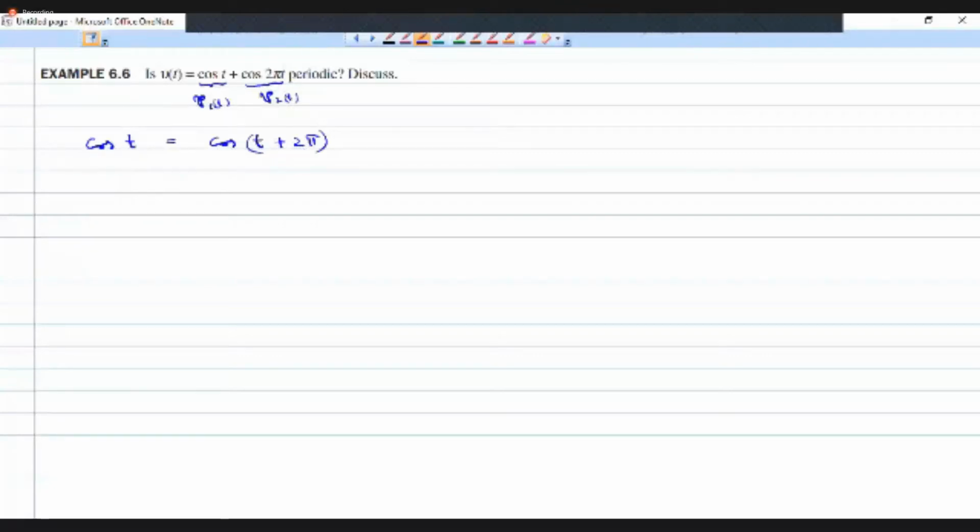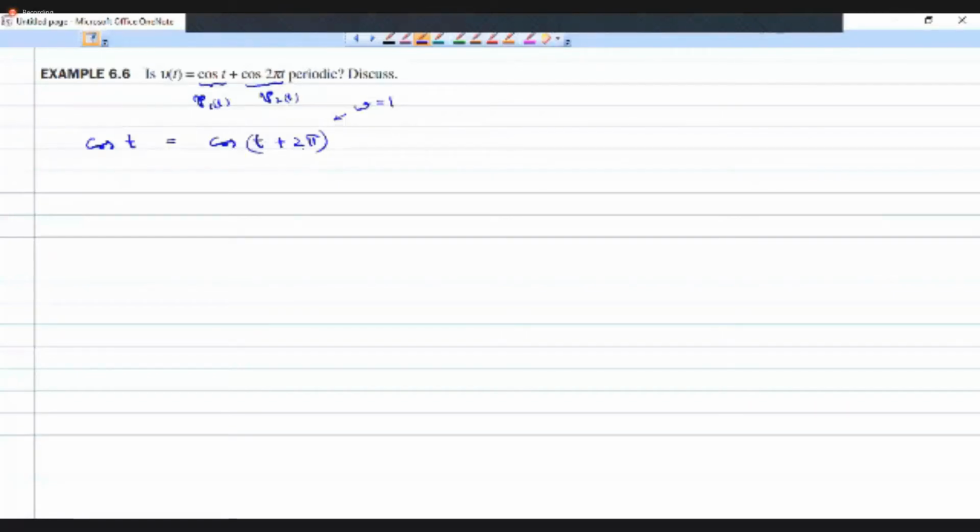So don't get confused here. Let us assume that omega is equal to 1 here. So even if we take out 1 out of here, it will have the dimension of time.